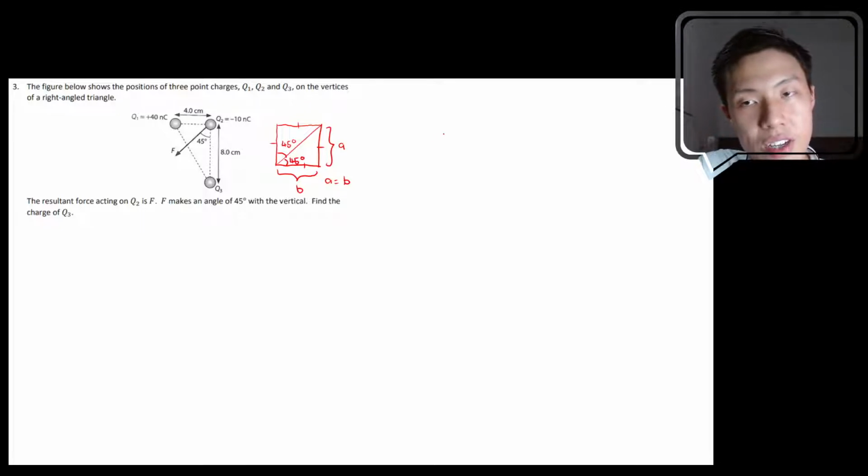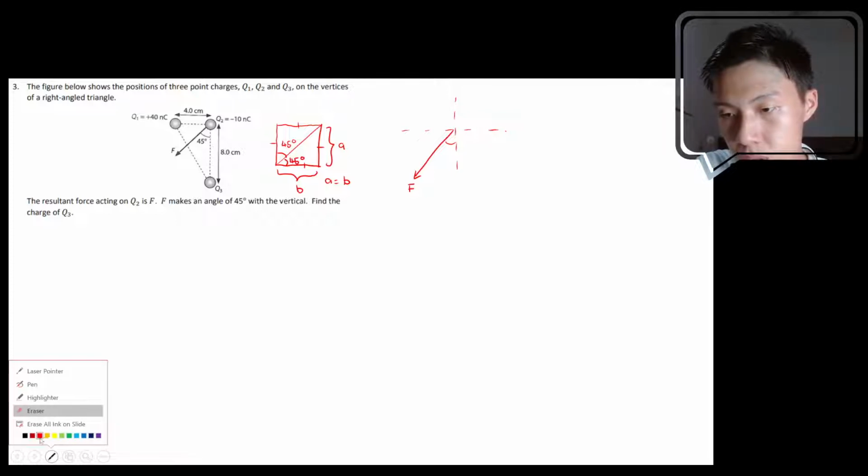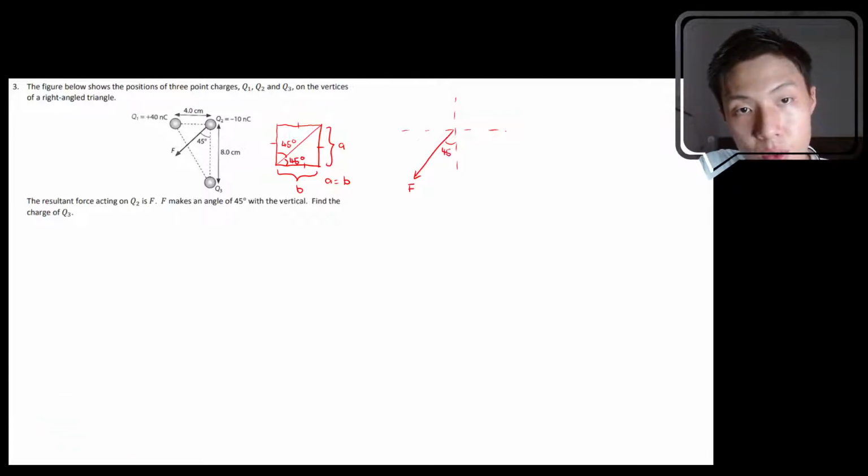So in that case, what they are trying to tell us is that if the resultant force is acting at 45° with the vertical, then if you resolve it, the x component of the resultant force and the y component of the resultant force should be equal to each other.